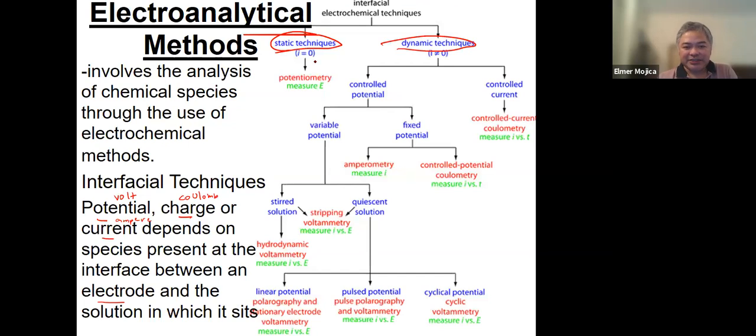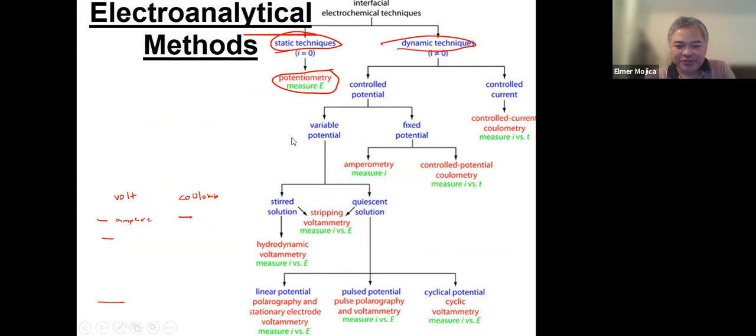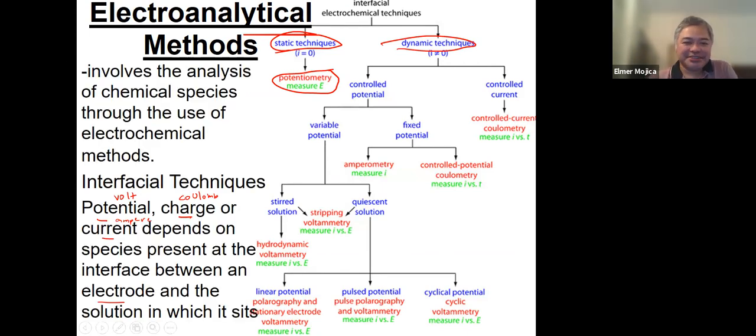That's why in the static methods, you have only potentiometry. And what's the classic example of a potentiometric technique? Anyone? As I've told you, you have already experienced it here. The most experience that you have, I think, is potentiometry.